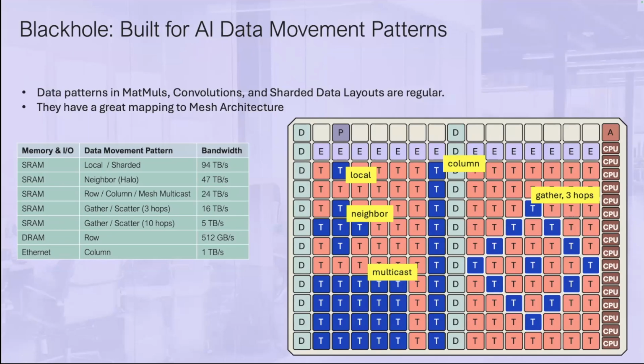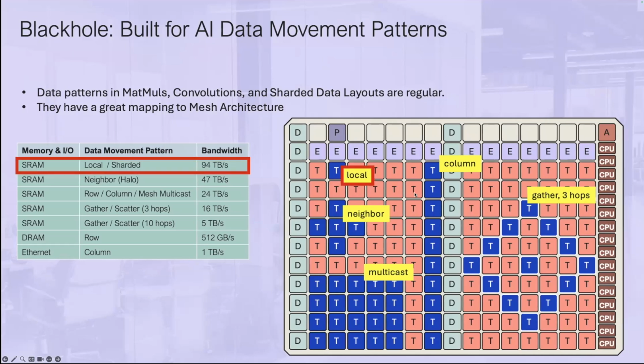We're going to go through different examples of how data might be scattered within your application. Data patterns in matmuls, comms, and sharded data layouts are pretty regular, and they map quite well to our mesh architecture. First things first is if everything is local, or sharded.